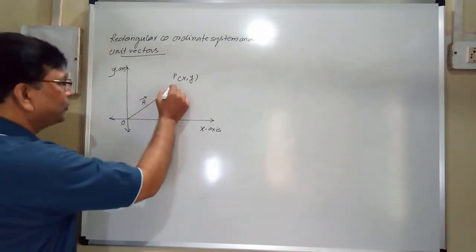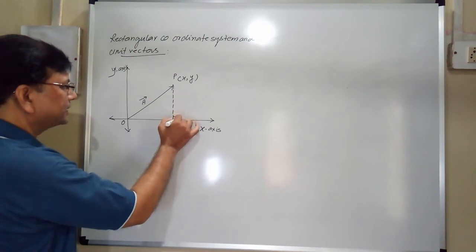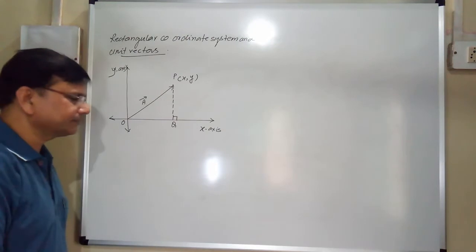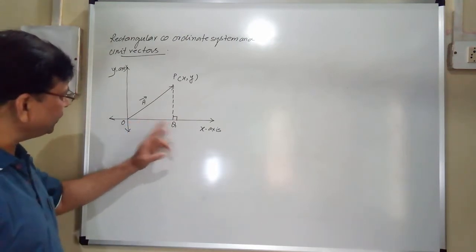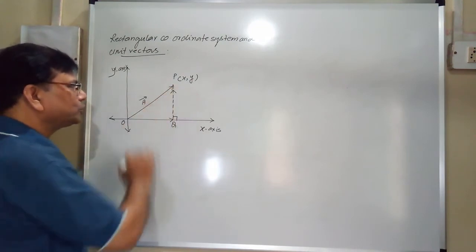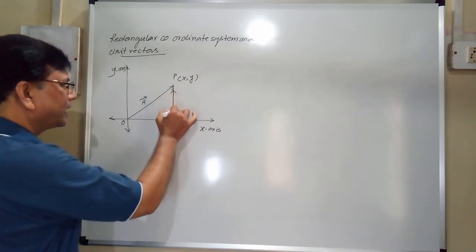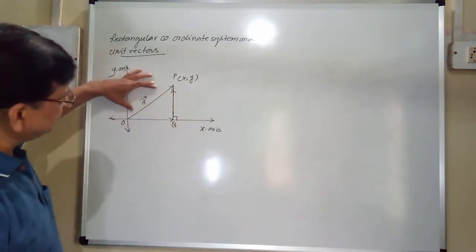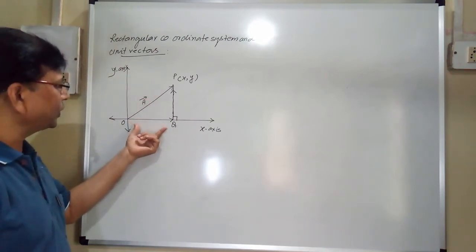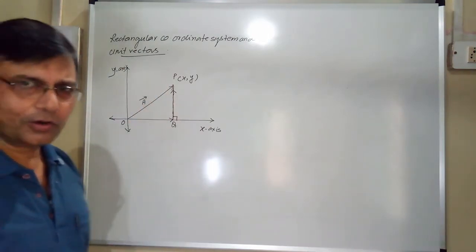We will drop a perpendicular from here. This is 90 degrees. Suppose it is Q. If we take OQ as a vector and QP also as a vector, then this position vector A represents the sum of these two vectors OQ and QP by the triangle law of vector addition.